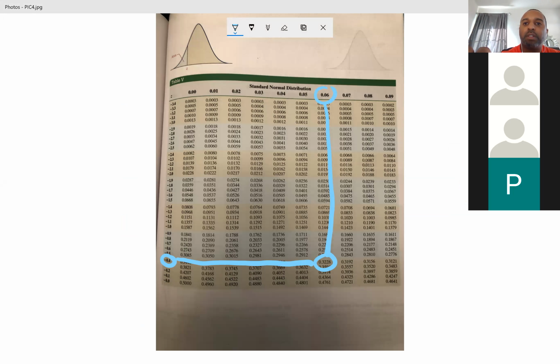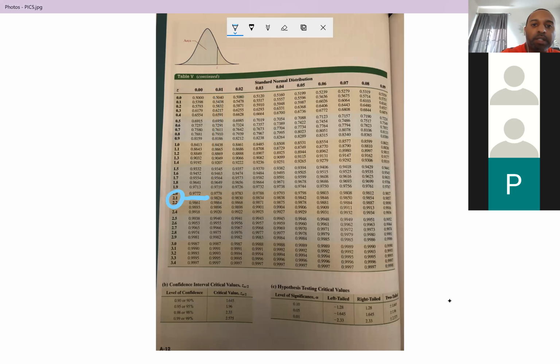And the next one, go to the positive z-score side. It's +0.46, and that's going to be 0.6772.